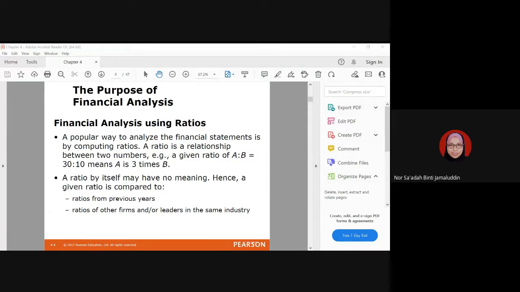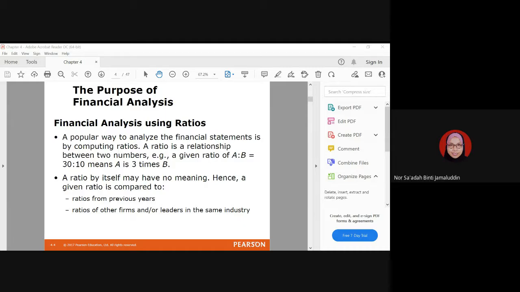A ratio by itself may have no meaning. Okay, kalau satu je dia tak ada maksud lah. A given ratio is compared to satu-satu ratio yang kita dapat. Kalau kita calculate a ratio by itself without comparing with the previous years, or without comparing with the ratio of other firms or other leaders in the same industry, each ratio has no meaning.